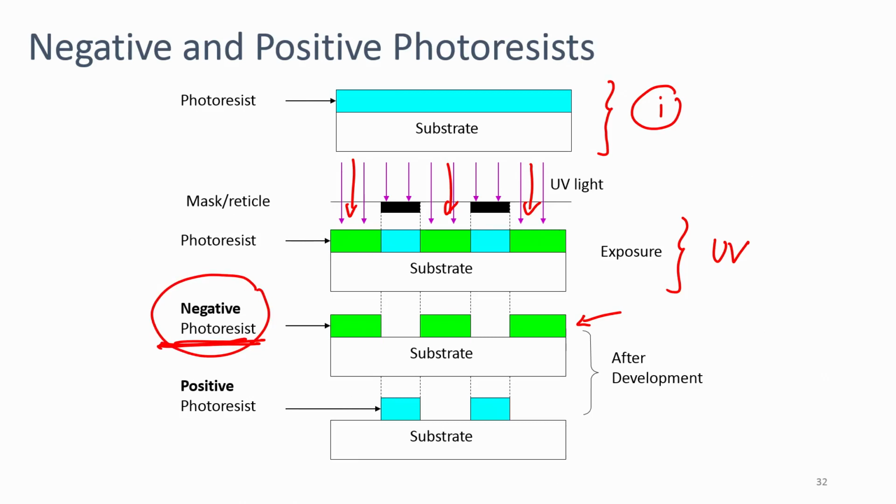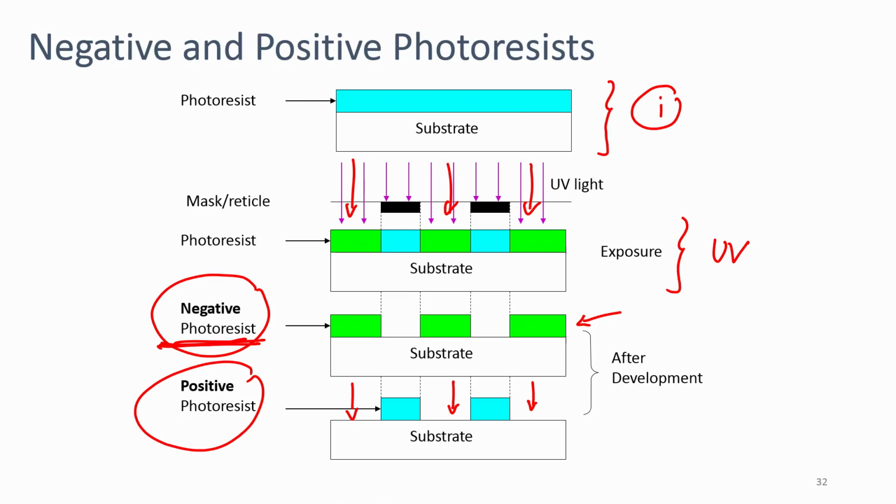while in case of positive photoresist, the area which is exposed becomes weaker. You see, the area which is exposed becomes weaker.